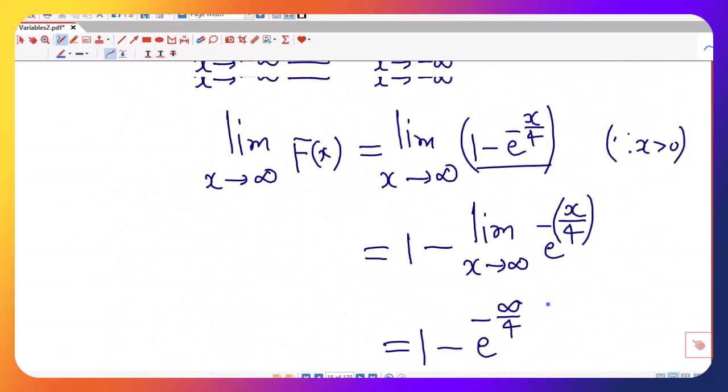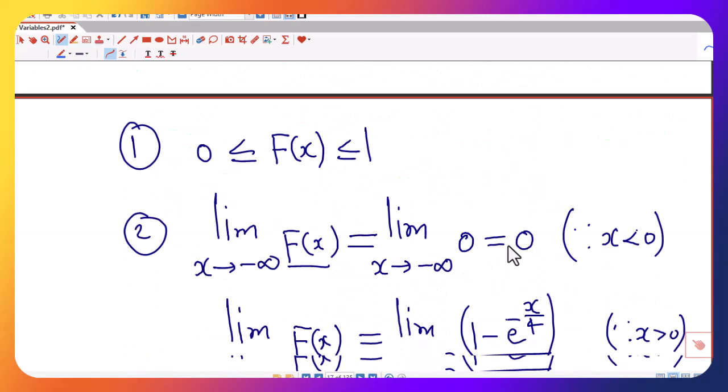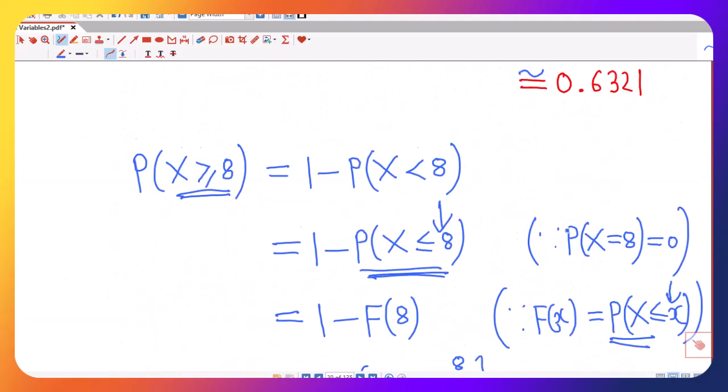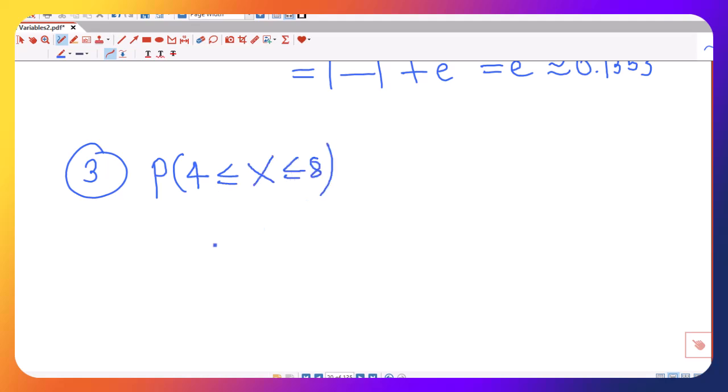And the last probability we have to calculate is capital X lies between 4 and 8. So let's calculate that probability. The probability that 4 is less than or equal to X less than or equal to 8. So you can see we have this type of situation. Suppose I have 0 here, 4 and 8.